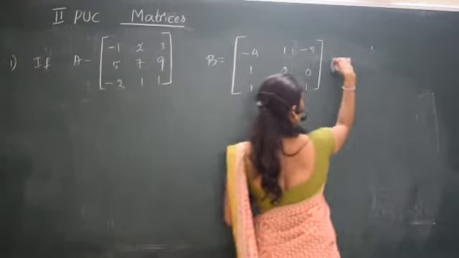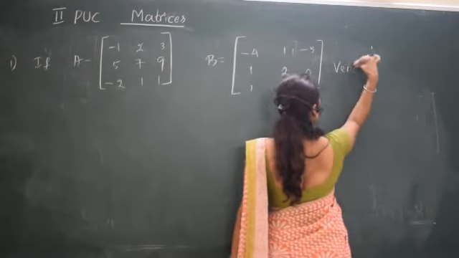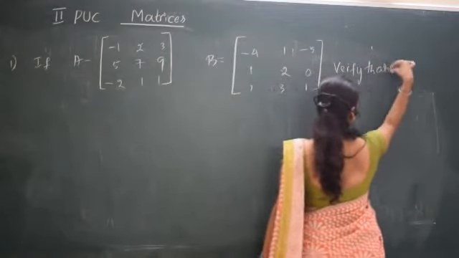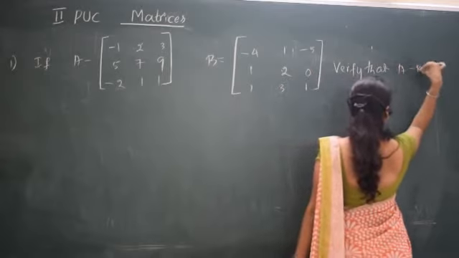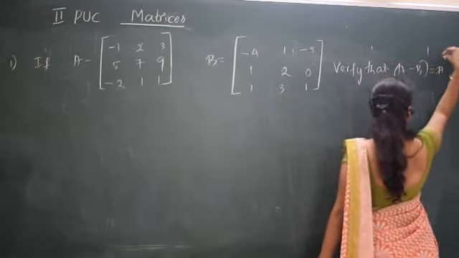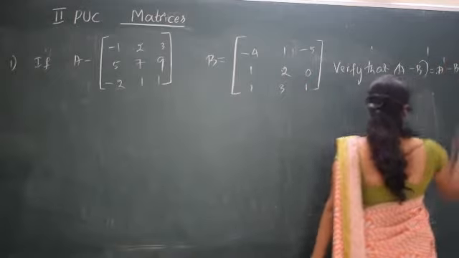Verify that A minus B whole transpose is equal to A transpose minus B transpose.